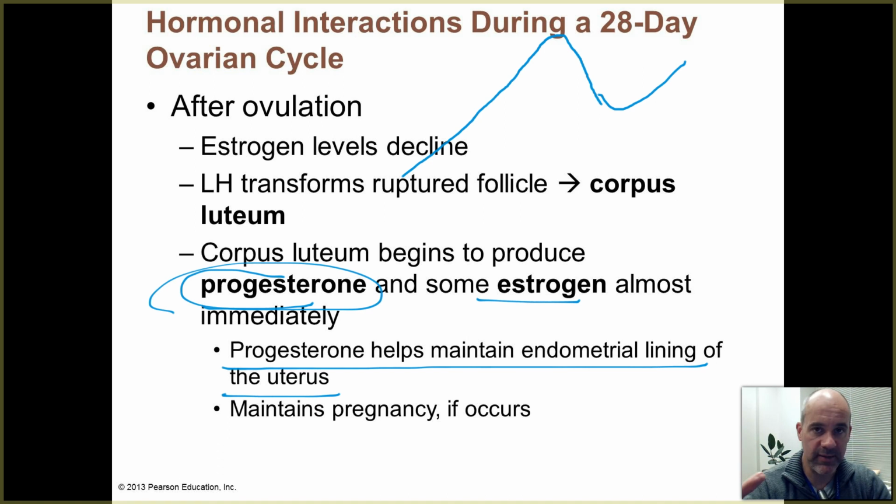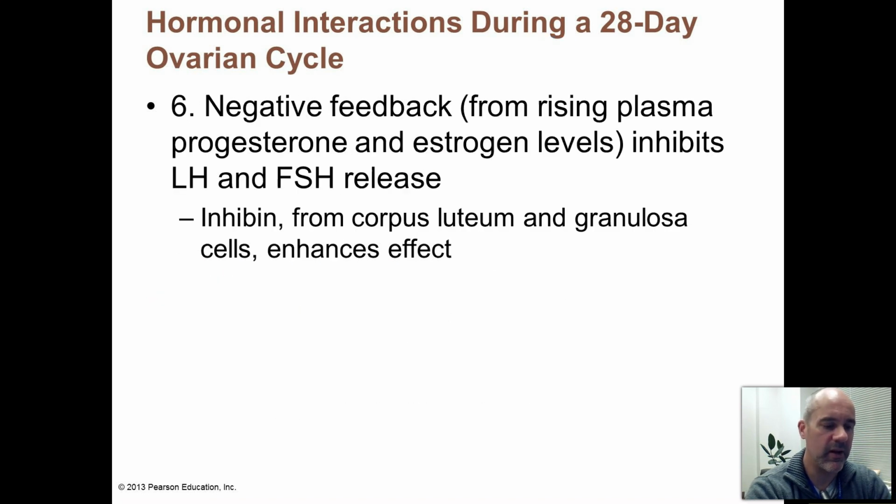And if a pregnancy occurs, so if a sperm fertilizes a secondary oocyte, it takes about a week before that developing embryo actually implants along the inside lining of the uterus. So you better not go through menstruation and slough off the endometrial lining. If you do, then the embryo is not going to have a nice, healthy endometrial lining to attach to when it arrives in the uterus.